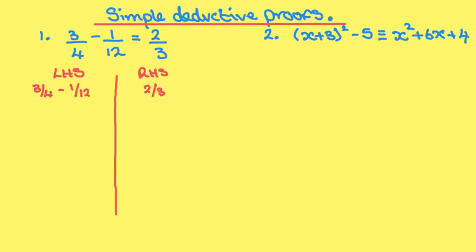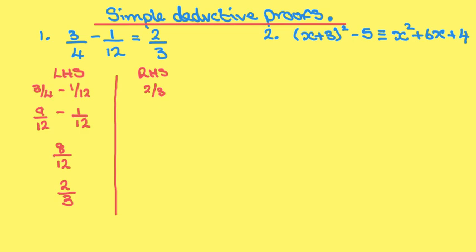Right, in order to prove, I first need both over the same denominator, so 3/4 is the same as 9/12 minus 1/12. Well, 9/12 minus 1/12 is 8/12. And if we simplify that, 8/12, 4 will go into both, is 2/3.